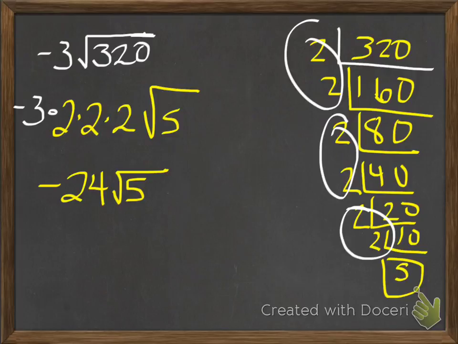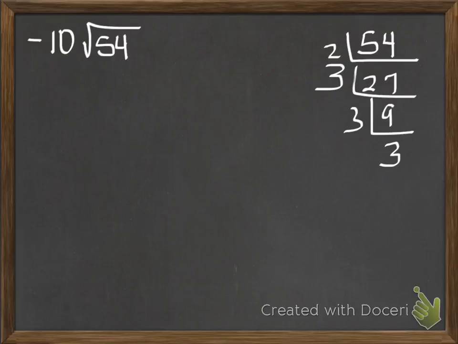One last one, and then I'll let you work on your assignment. In this last one, we have negative 10 times the square root of 54. So go ahead and do your upside down division for 54. Check to see if you match. So this time, we have a set of what?